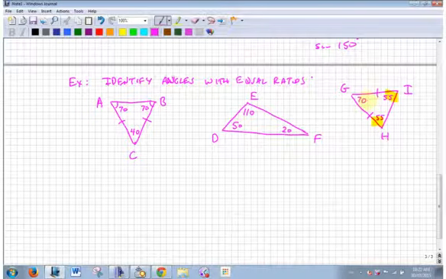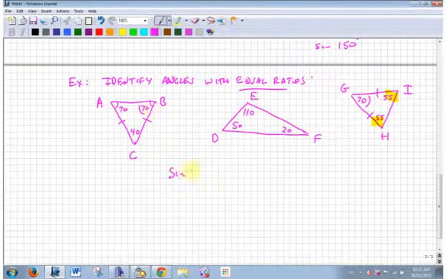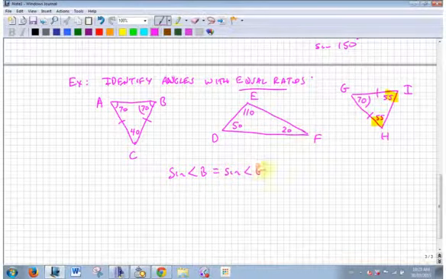Okay? So now I can tell what has equal ratios. Well, obviously, if the angle is the same, it's going to have the same ratio, right? So sine of angle B is the same as the sine of angle G. That's the easy one. Any others that are the same? How about A?